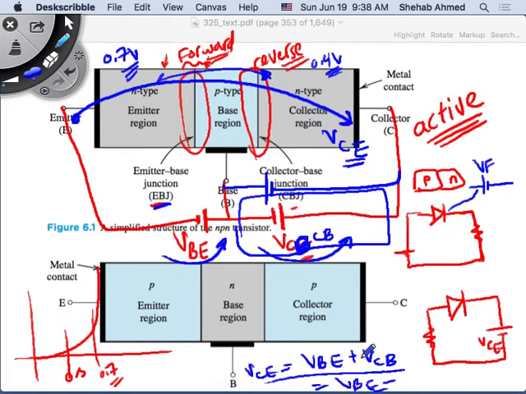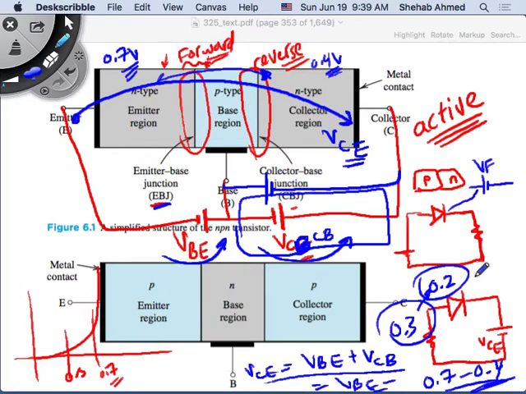So 0.7 minus 0.4 is about 0.3 volts, or 0.2. In the textbook, they typically say it's 0.2 volts. This is VCE, VCE to move into saturation.